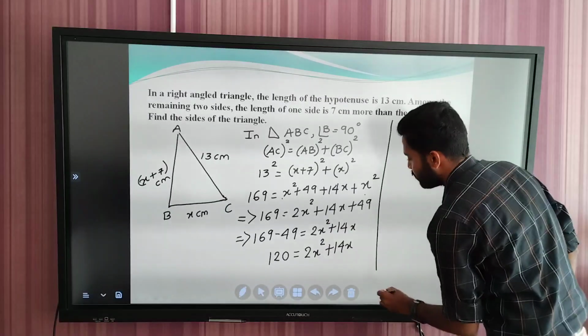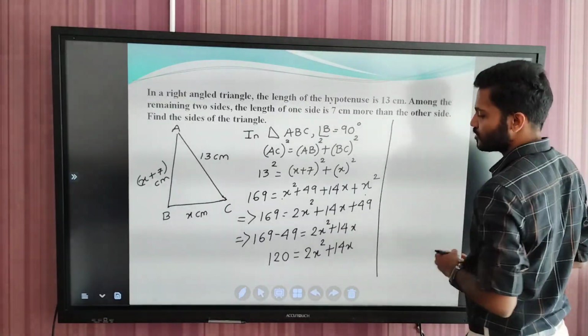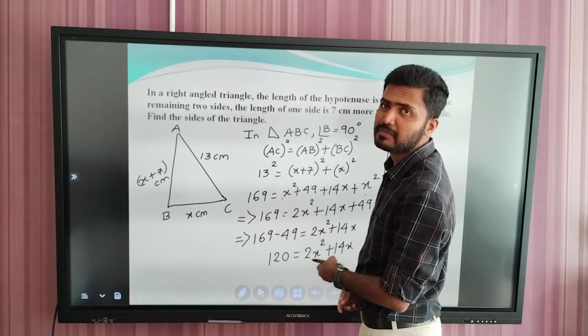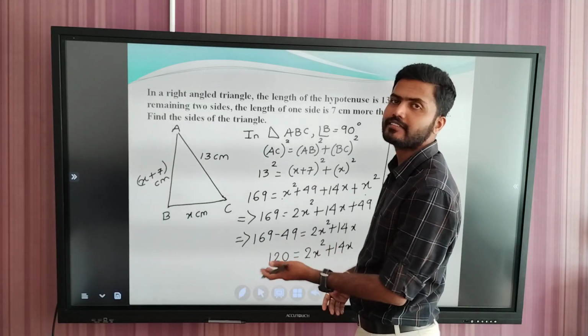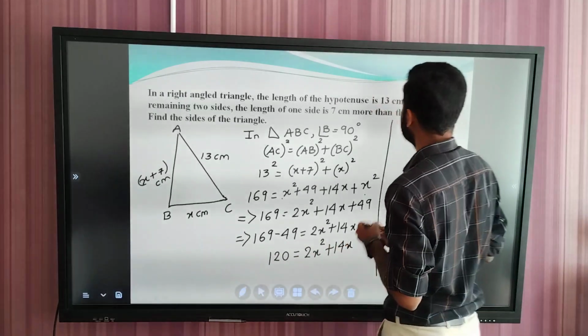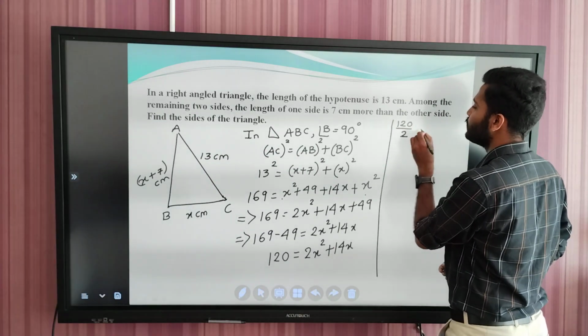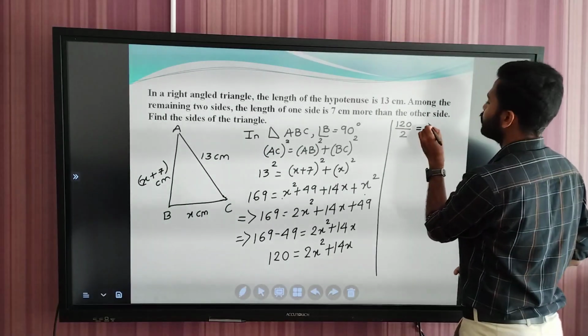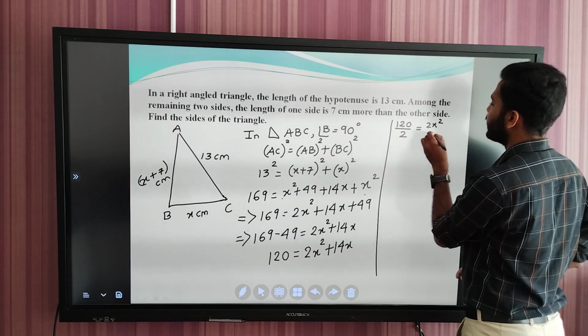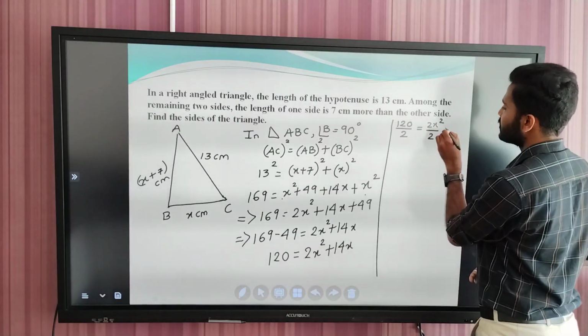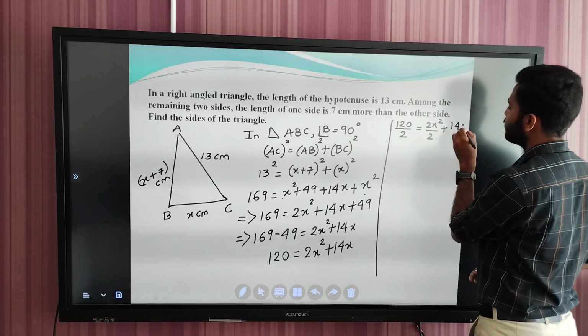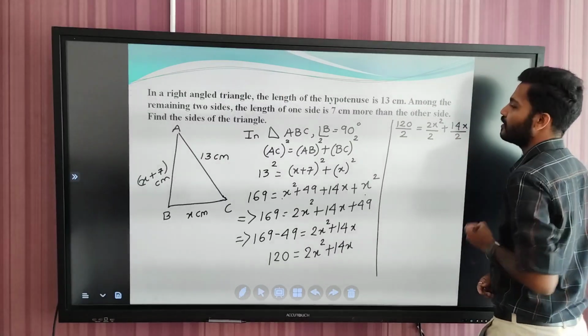Okay. So now it's all about simplification. Since all of them are multiples of 2, I will divide the entire equation by 2 on both sides. So 120 divided by 2 is equal to 2x square divided by 2 plus 14x divided by 2.